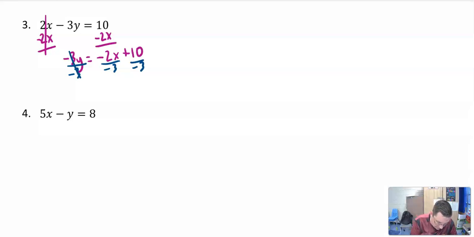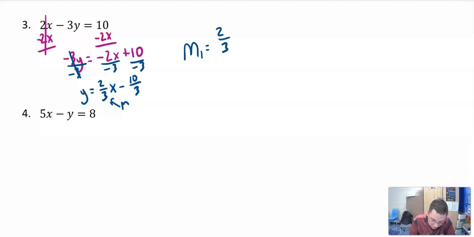And so this will cancel, and we're given y is equal to 2/3 x minus 10/3. And so what is the slope here? Well, the slope, m1, is equal to 2/3. And so what's our parallel slope? Remember, same slope, right? So it's got to be the same value. So it would be also 2/3.